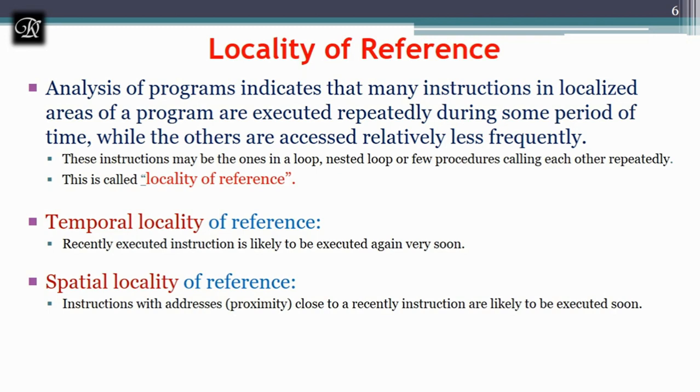If I start with array index 0 to n and I am at position i, then the proximity, i plus 1, i plus 2, i plus 3, can be used immediately. That is what spatial locality says. But temporal locality is about previous ones, i minus 1, i minus 2, i minus 3, which can be reused. Spatial locality predicts what can be used in the future, what can be the demand.